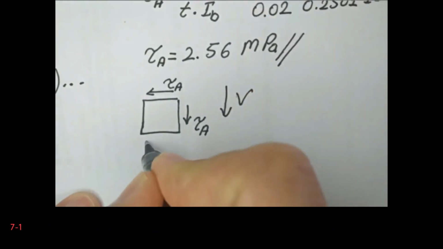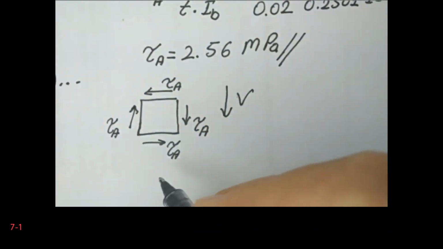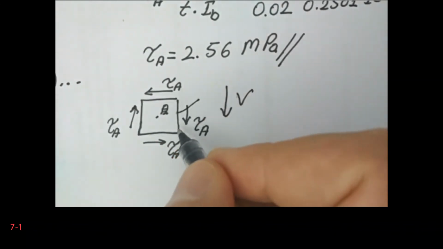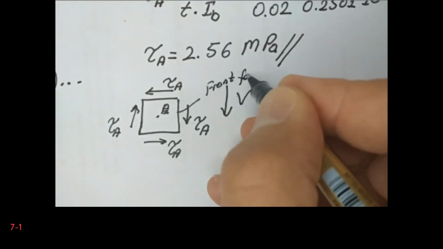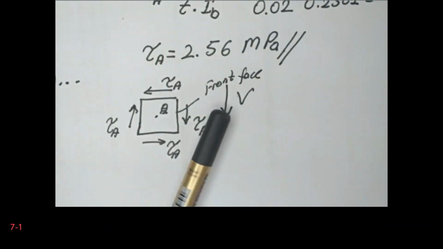Therefore the direction of the shear stresses at point A is like this. So this is the front face of the cross section.